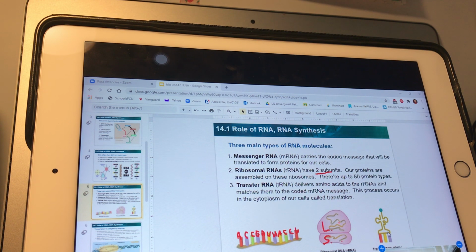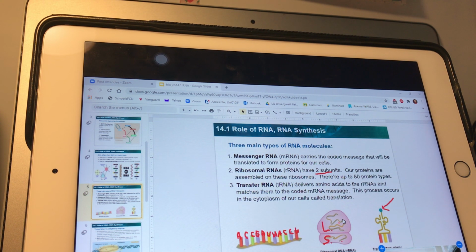This is the messenger, okay? This is the transfer RNA, which goes to get food. You see this part right here? This part is the supplies. So it travels around the cell and finds food and supplies, and it brings them over to the ribosome. This guy brings it over to this guy and gives him the food.